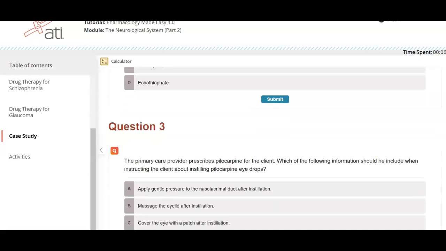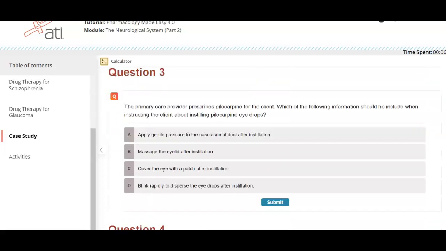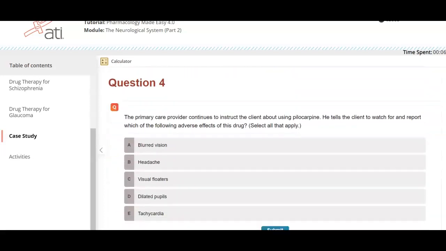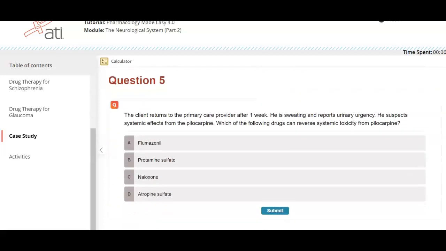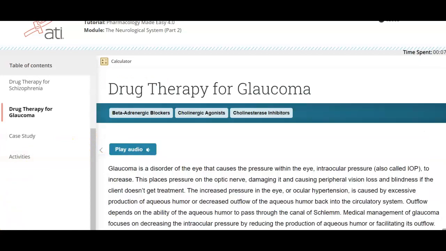All of this looks like it goes around glaucoma, but I still think it's best to go over the glaucoma drugs on a different day.